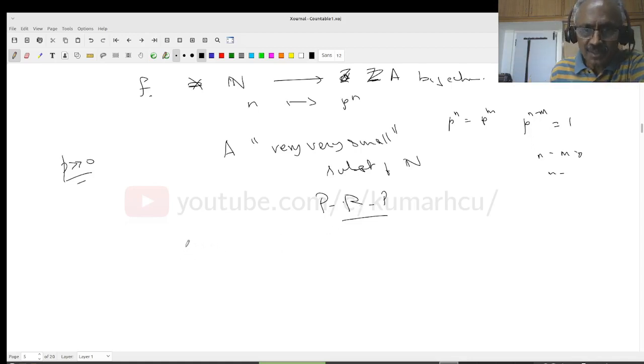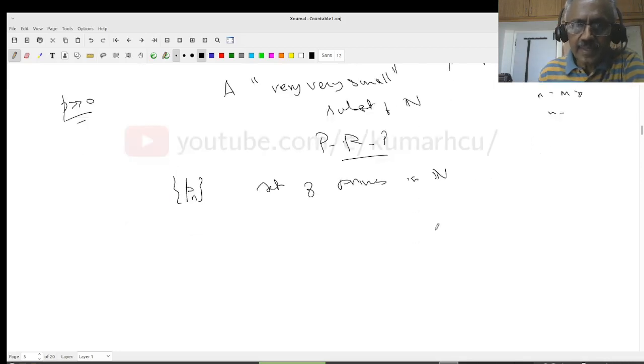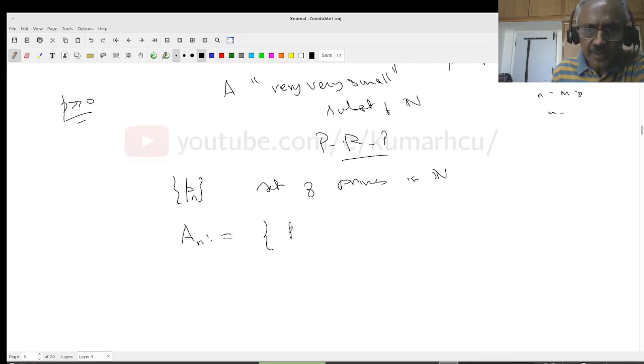Okay, let us look at this. Suppose P_n is the infinite set of primes in N. Now for each n, let me look at A_n to be P_n to the power k, k running over the natural numbers.